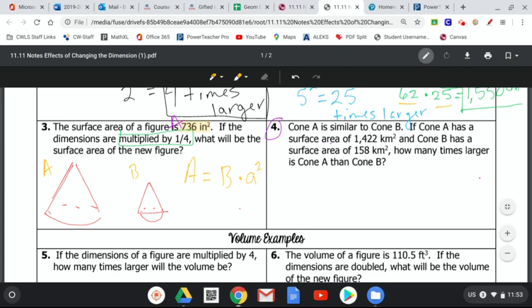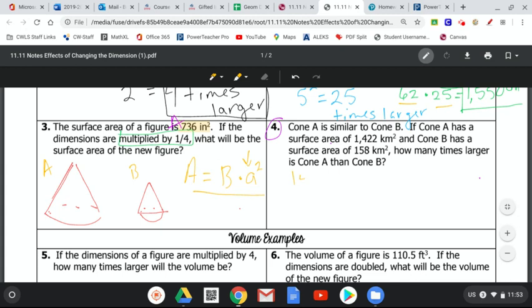We're taking the surface area of cone B, multiplying by that A squared value, and that's going to give us the surface area of cone A. That's what we normally would do. That's as far as we got before. But this time is a little bit different because we're going to have to find that A squared value first. We know the two surface areas, so we're going to find that A squared value, that relationship they have. So to do that, when we set up our equation, we're using this formula here.